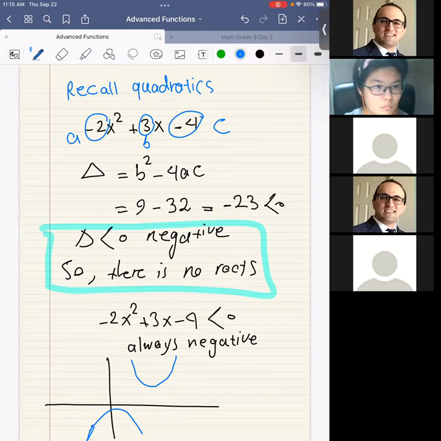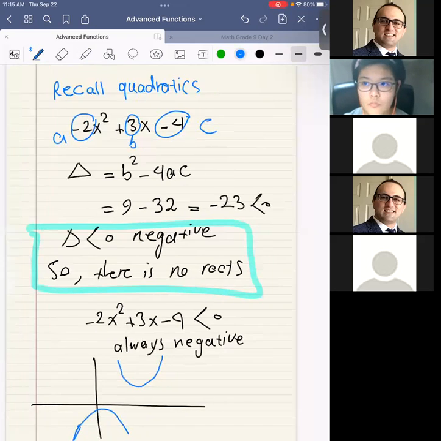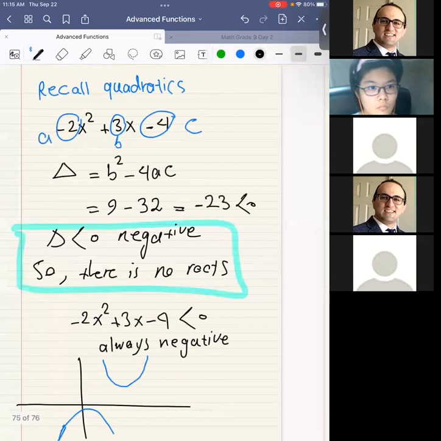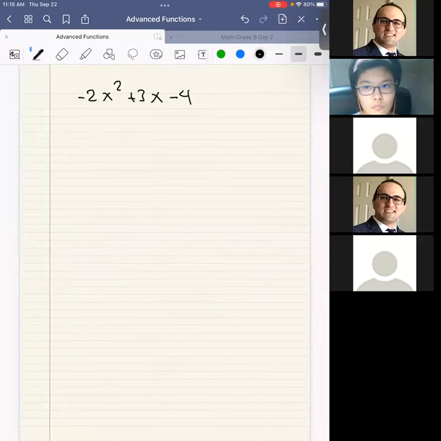And why is that? Let's look at this example. The example I gave you is -2 times x squared plus 3x minus 4. If you factorize -2, it's -2 times x squared minus 3 over 2 x plus 2, right?